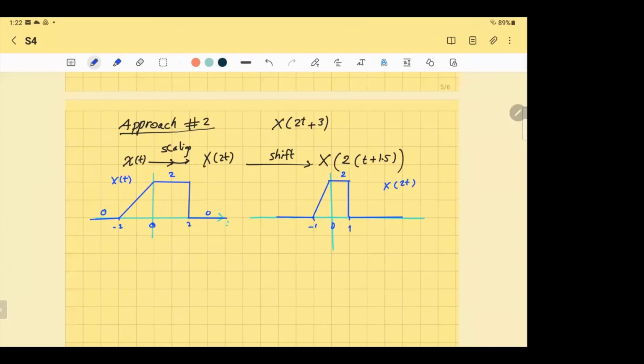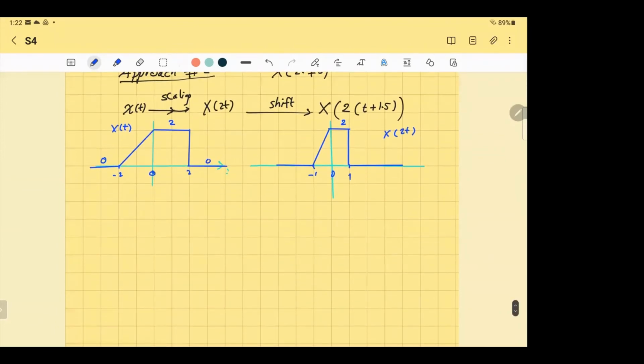Second step, I'll make the shift. Shift is 1.5. So let me just make the table. I have -1, I have 0, I have 1, and I will make the shift. The shift is 1.5 plus, so I'm adding -1.5 to everything.